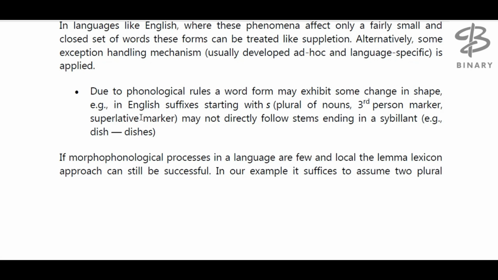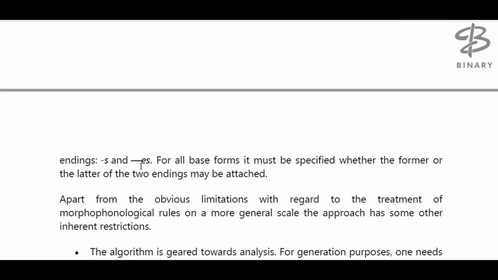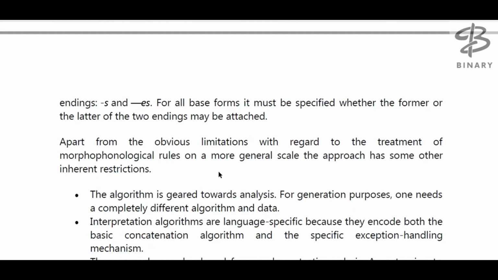For example, in English the suffix starting with s, okay, so plural of a noun, that is your third person marker, superlative marker, होता है ना English में, may not directly follow stems ending with a sibilant, that is your dish or dishes. तो ये एक ऐसा है आपका, ये सारी चीज फिर कहाँ पे एस लगेगा, कहाँ पे ई एस लगेगा, इस सब के बारे में आपका डिस्कस्ड है.